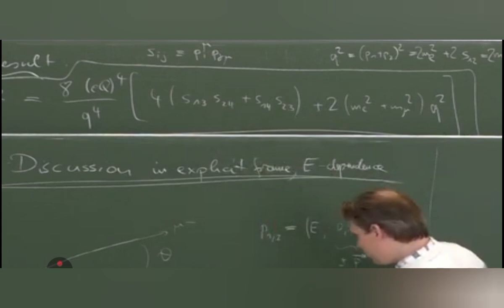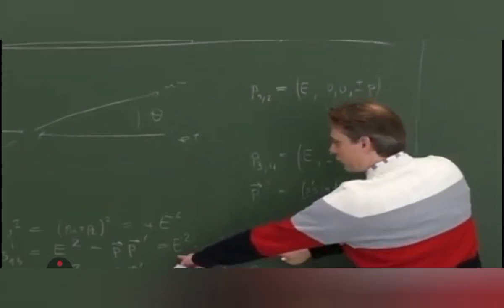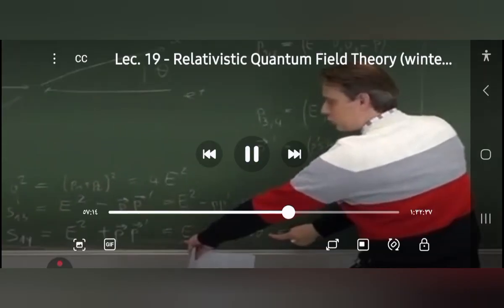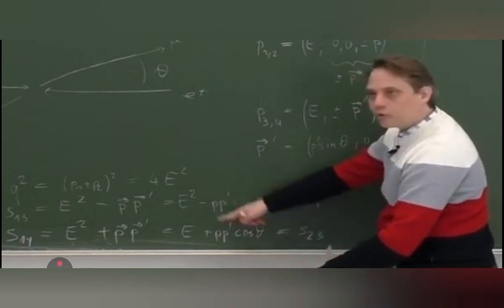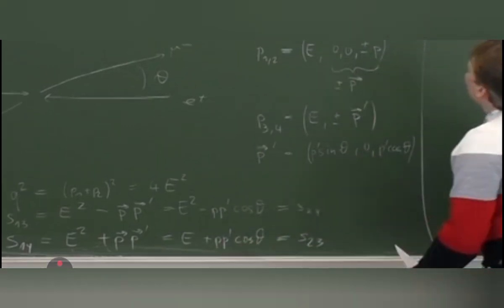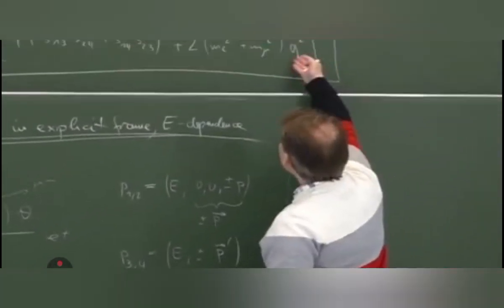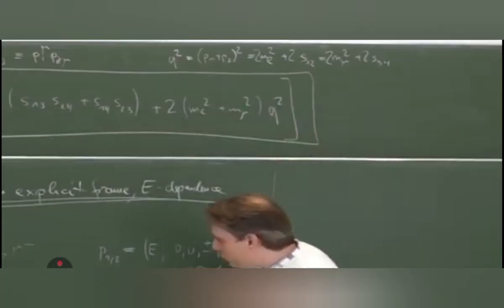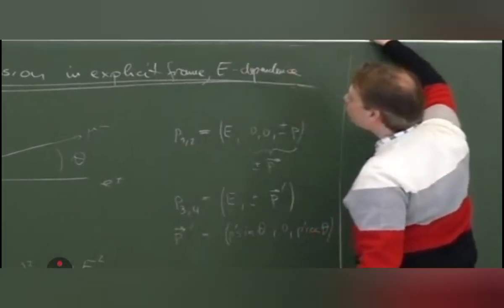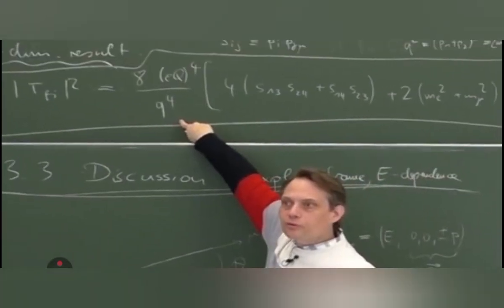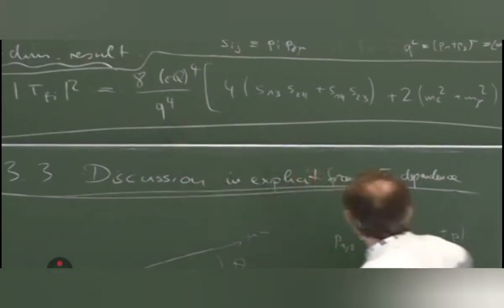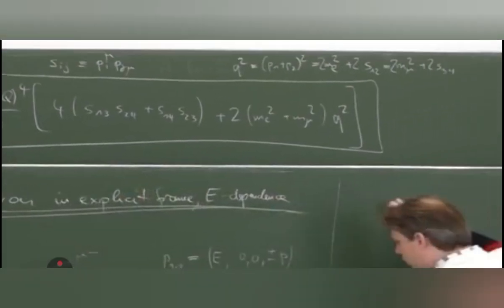And the square is, of course, square of that thing plus square of that thing. Some terms will also cancel out. Namely, the mixed term will cancel out. And then we have here this with q square. Q square is simply the energy square up to a factor. And here also q to the 4 gives energy to the 4th up to a prefactor. And so the result is going to be quite simple and straightforward.